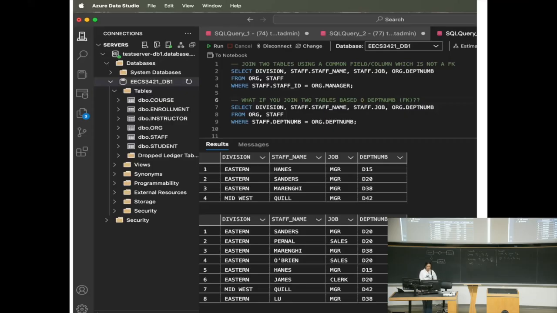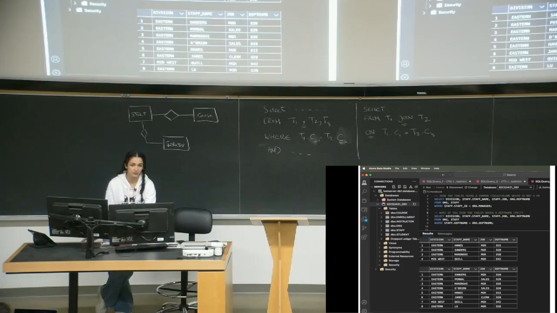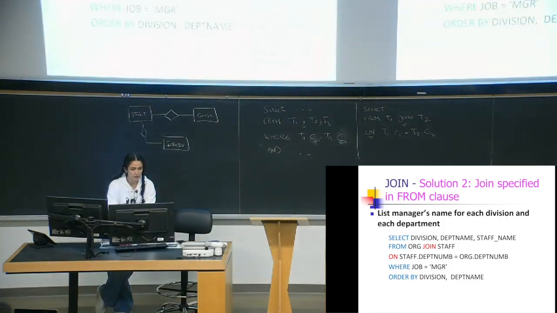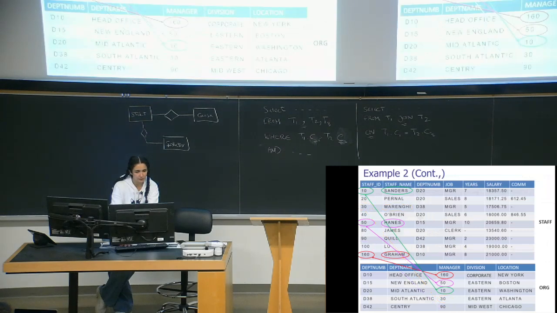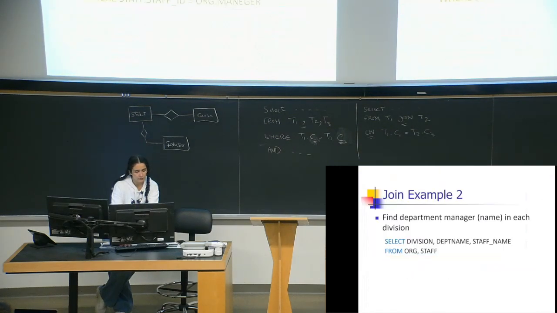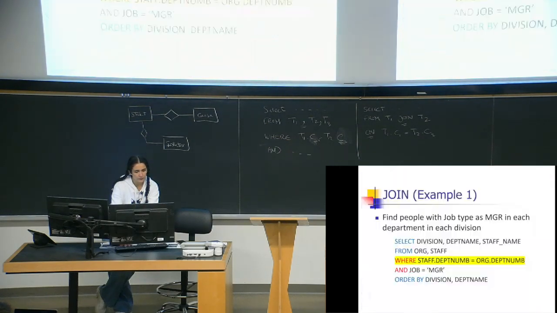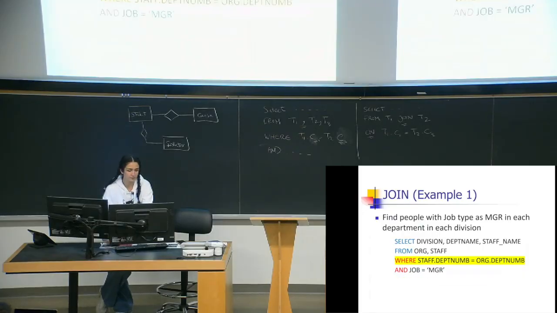For the first one, where we joined tables using staff ID and manager ID, which were not the foreign key, the question was finding the manager's name for each division and each department. And then we had another example 1, finding people with job type as manager in each department, in each division, right?